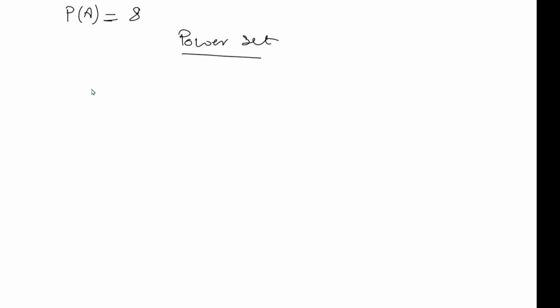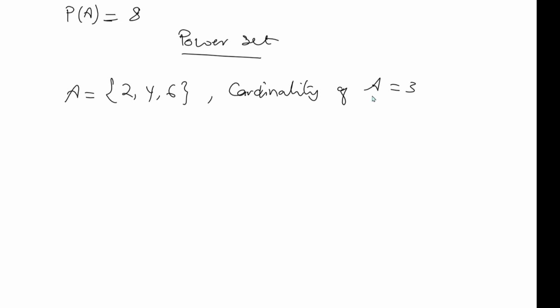This is what I mean. The set that we just looked at, set A, has the elements 2, 4, 6. So the cardinality of set A is equal to 3.